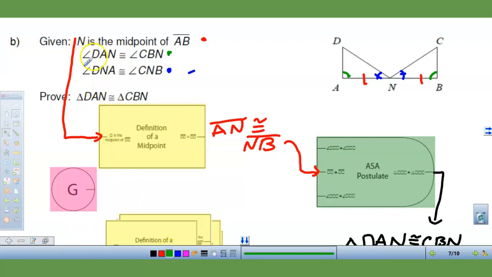And then we know that's given to us that angle DAN is congruent to angle CBN, and that satisfies this angle here.